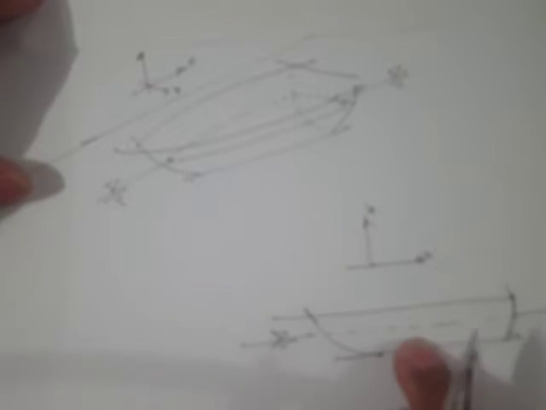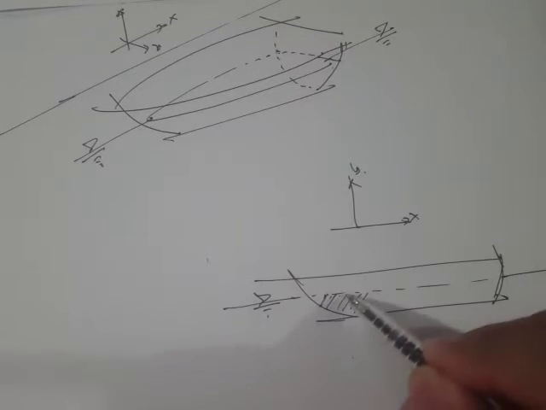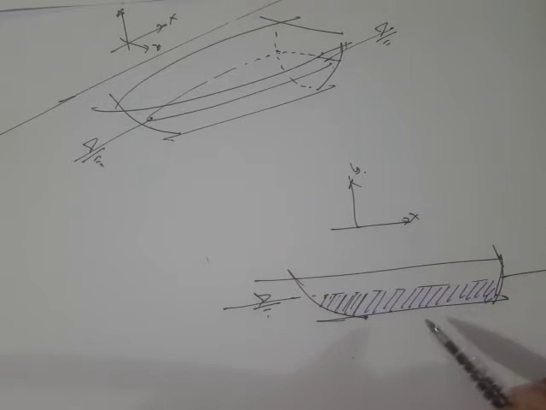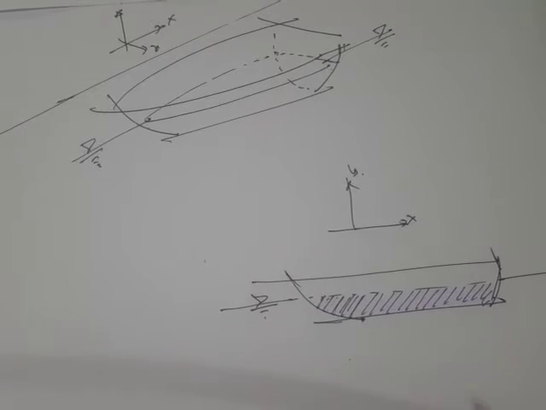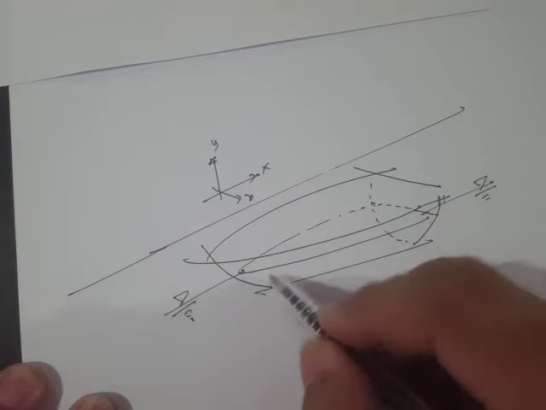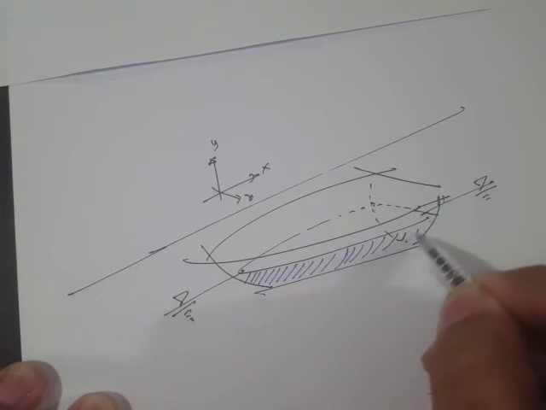So let's say this is our solid, and if we put it in the water, then this volume that was occupied by the water is now occupied by the solid volume. Therefore, this is called the displaced volume of the fluid. In this three-dimensional view, this is our displaced volume.